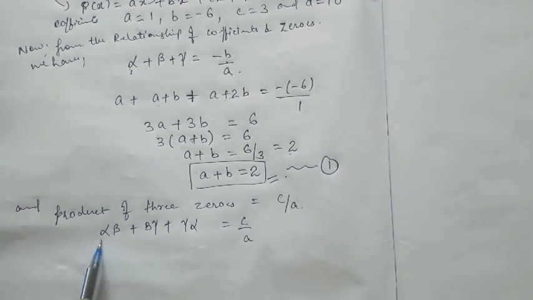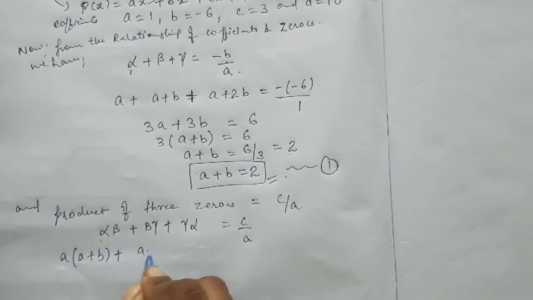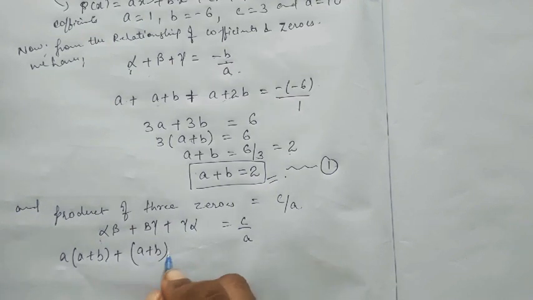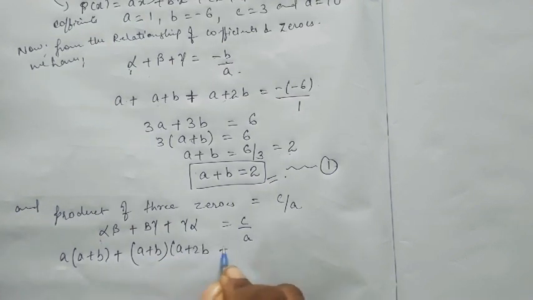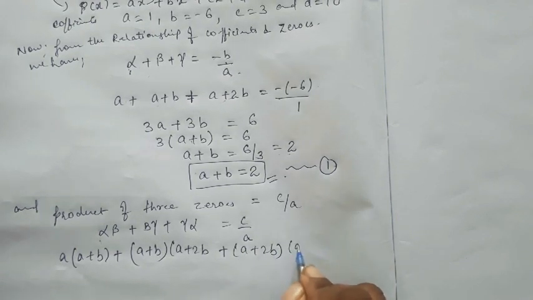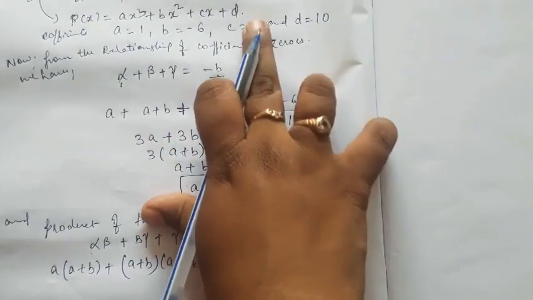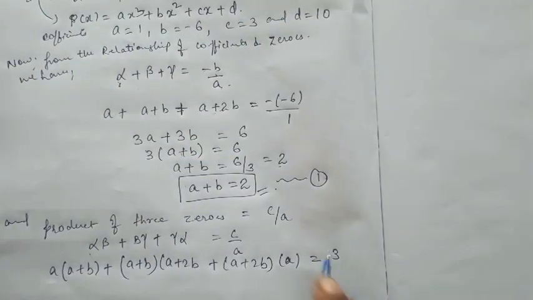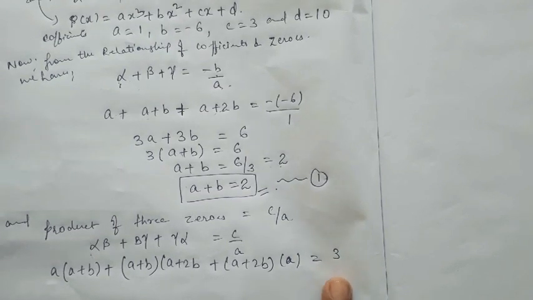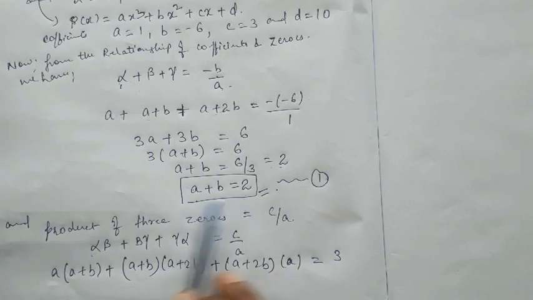We can substitute the value of alpha, that is a, beta is a plus b, gamma is a plus 2b, similarly, and a is equal to c. C is 3 and a is 1, no need to write. Okay, 3.